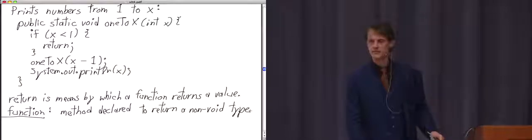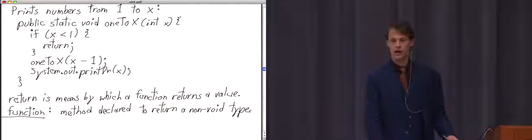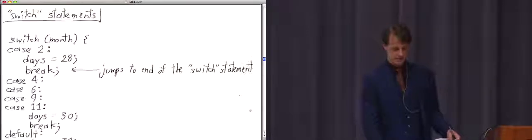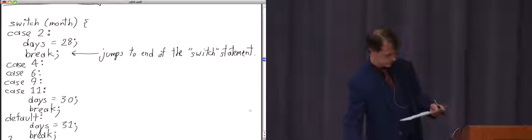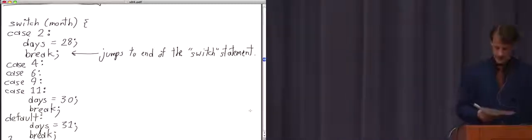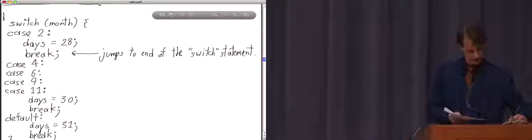So, for instance, let's go back to that code we looked at for figuring out how many days there are in a month. So, right here. What I'm going to do is I'm going to package this code up in a method.